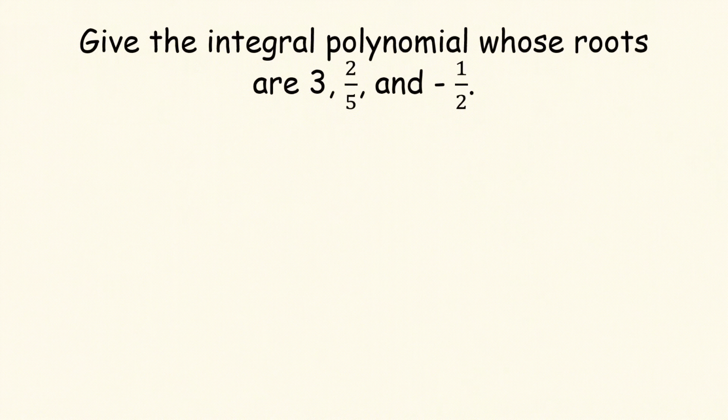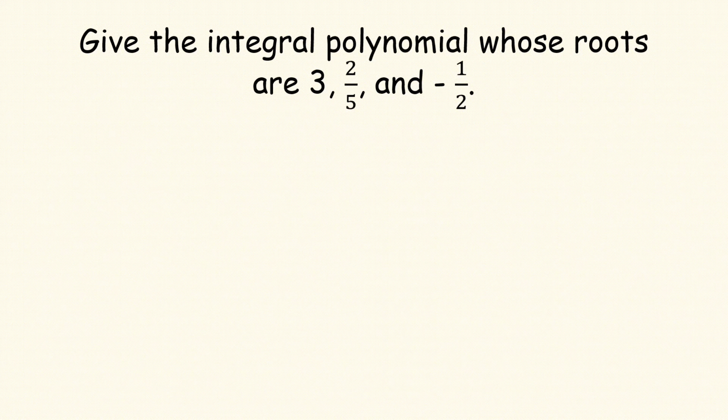So, we have here, give the integral polynomial whose roots are 3, 2/5, and negative 1/2. So, dito naman sa example na ito, binigay yung ating mga roots. Then, ang kukunin natin ay yung ating function. So, kapag ganon, gagawin lang natin siya as a mga factors.